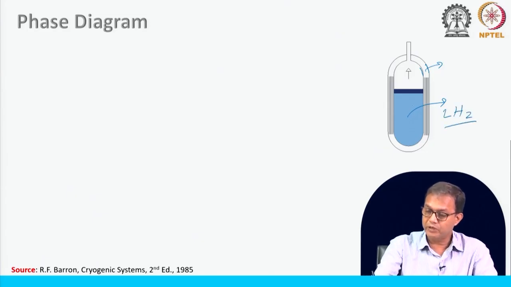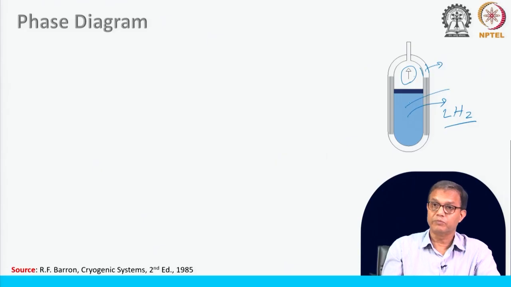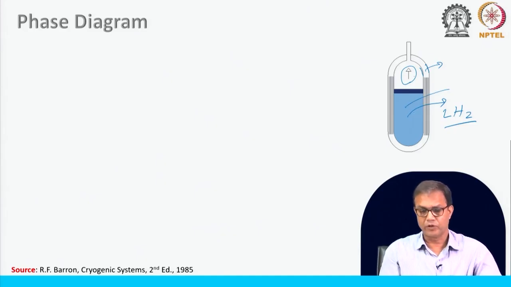If it is stored at a particular pressure and we know the temperature of this liquid, we can determine the pressure on top of it, or if we know the pressure on top of it, we can say what the temperature of the liquid is, or what is the boiling point at which this liquid is getting stored. You will find this useful later on while dealing with the different generation of the solid phases.